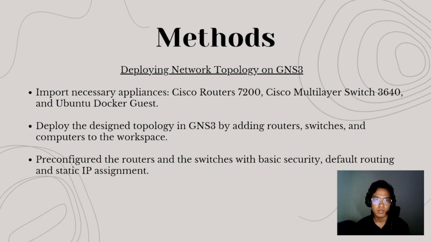Next, the designed topology is deployed in GNS3 by adding routers, switches, and PCs to the workspace. The routers and the switches are pre-configured with basic security, default routing, and static IP assignment, as it is needed to make sure the DHCP and NAT automation works, but it is not in the scope of this automation project.